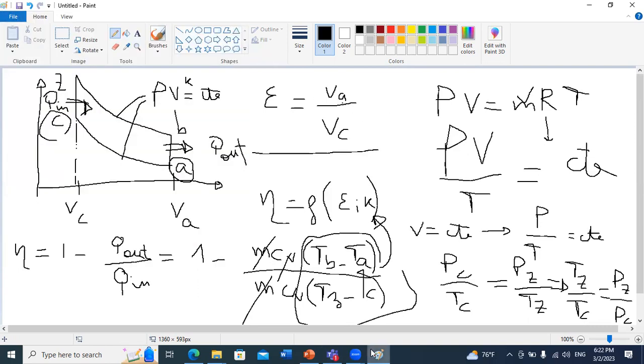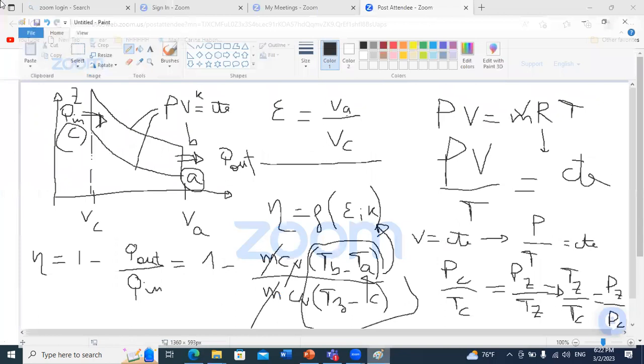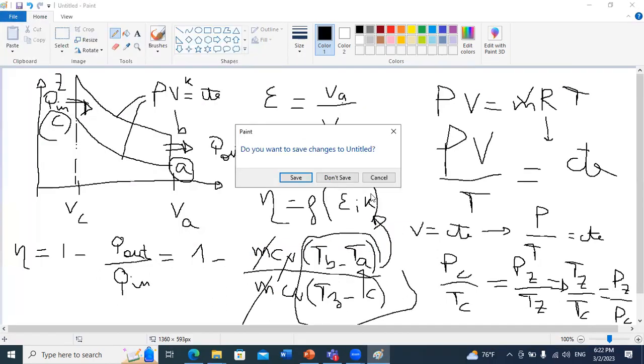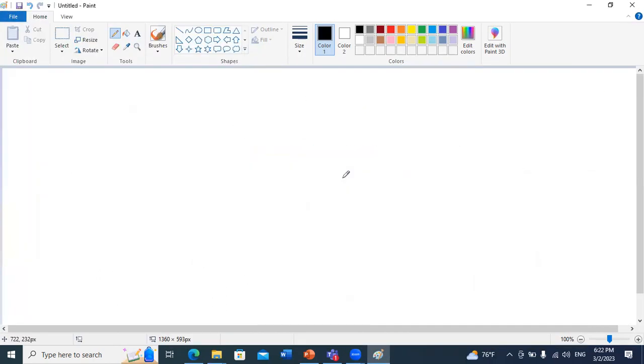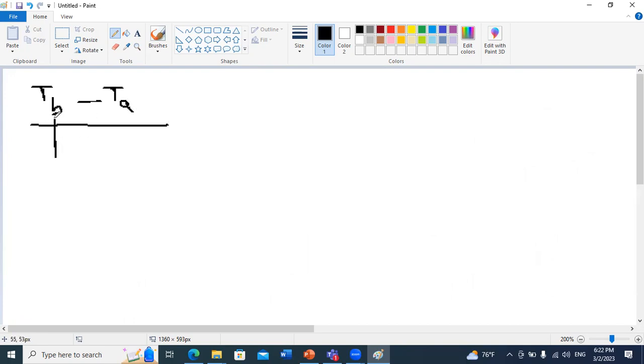Let me open a new window. I am searching for (TB minus TA) over (TZ minus TC).